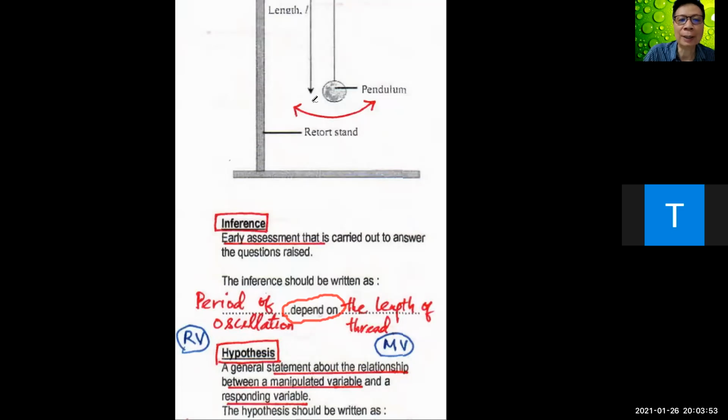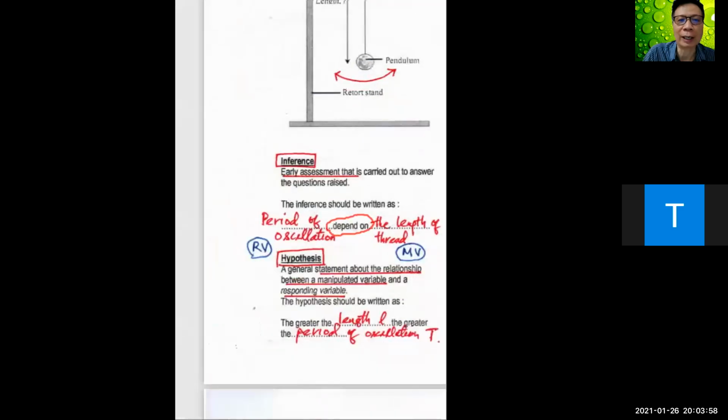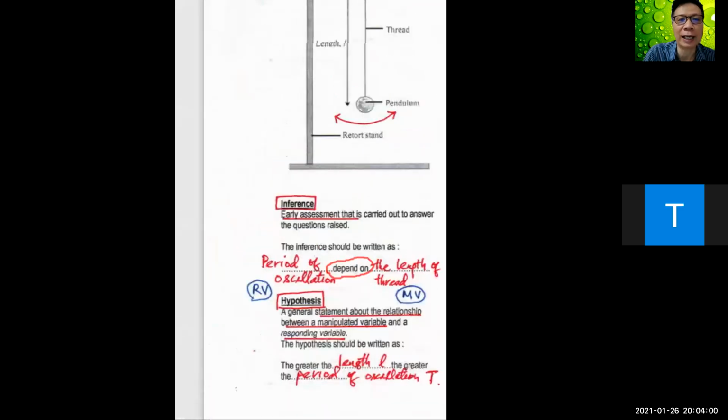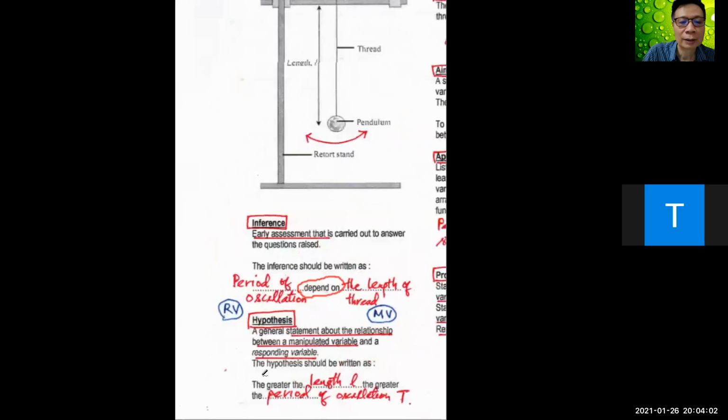Example for this experiment, our hypothesis we have to write like this: the greater the length, the greater the period of oscillation. 绳子越长，它拿的时间就是越长，去 oscillate 一个圈。Common sense, right? The greater the length, the greater the period of oscillation.